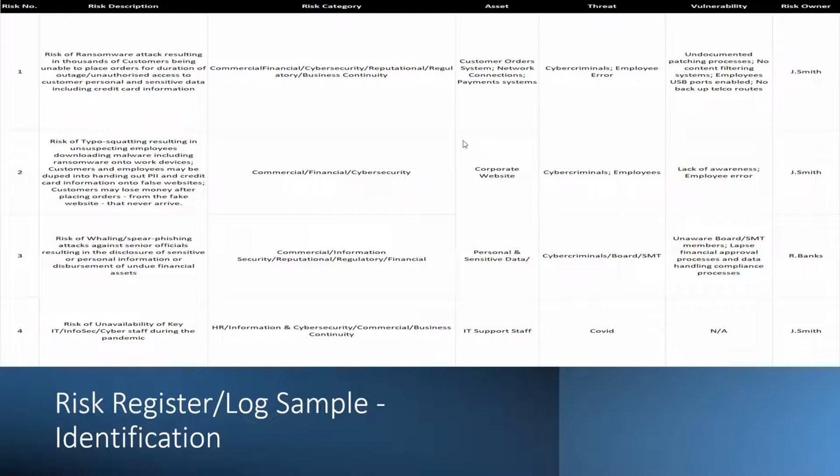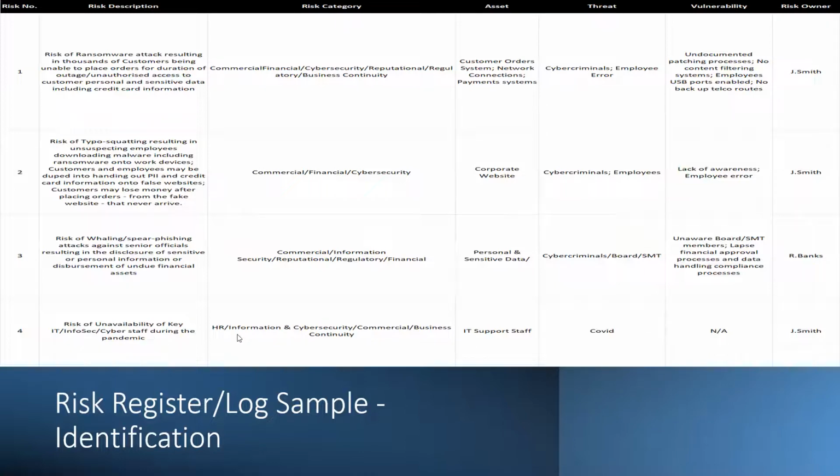We'll take a look later at an assessment of one of these risks, but for now, we're simply identifying the risk. Risk of unavailability of key IT staff during the pandemic.